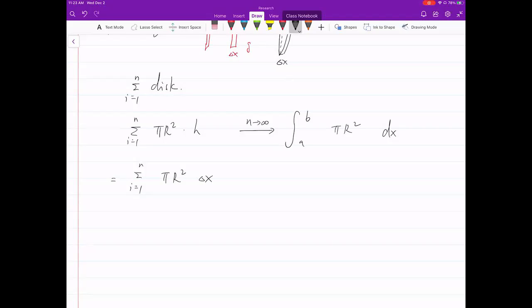It can be a square. For example, think about a pyramid. Can you cut a pyramid? Of course you can. You're just trying to sum a lot of cubes together, and you can do it in the same way. The cross-sectional area can be anything, but we start with the circle because it's easier. So my answer is, if you do the volume of a revolution, there's a guarantee it's a circle.